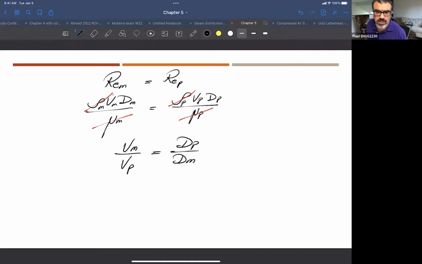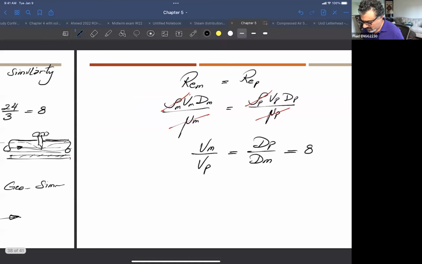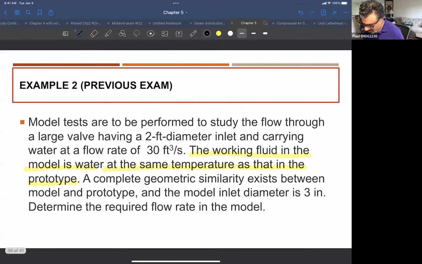So the velocity of the fluid inside the model divided by the velocity of the fluid inside the prototype has to be the same ratio here, right? And I know this ratio to be what? 8, right? Which means that now the velocity has to be like this. Okay, but in this problem, the velocity is not given, it's just given the flow rate.